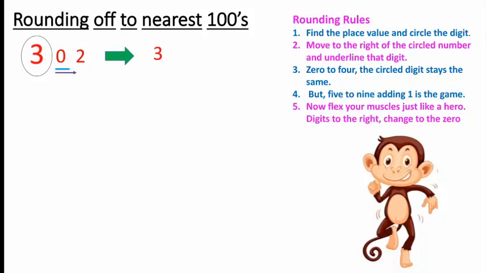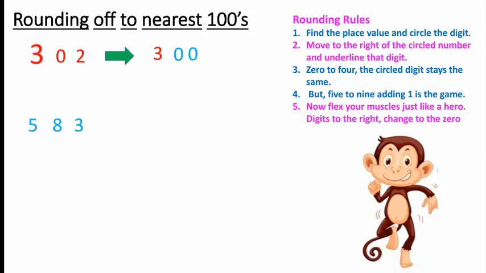Then our other digits towards the right side of the circled digit will be written as 0 and 0. Means what is the rounding off we have got? For 302 we have got 300. Clear this much? Now come to the next number.